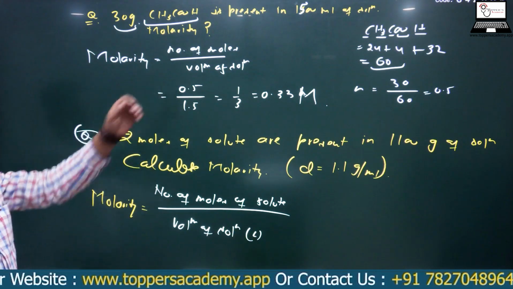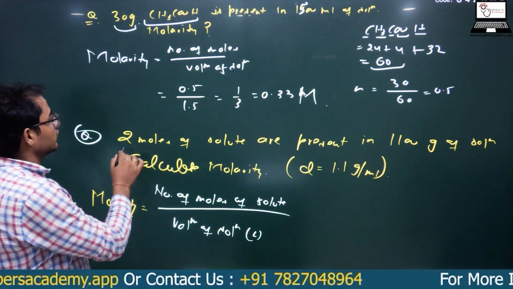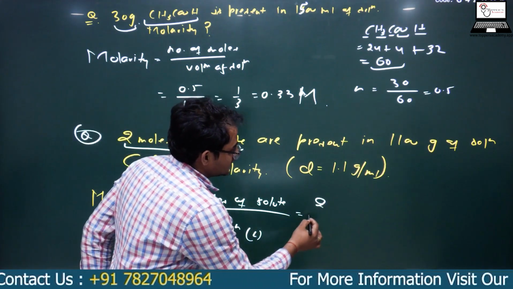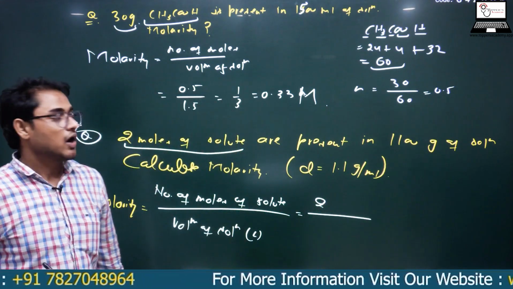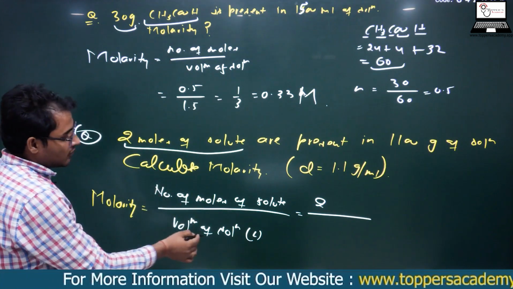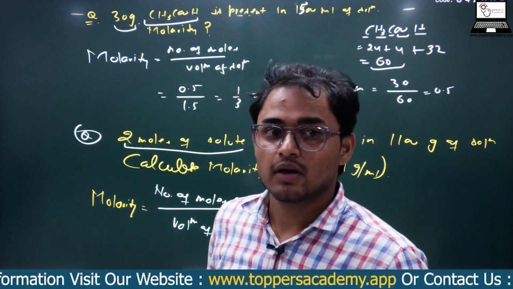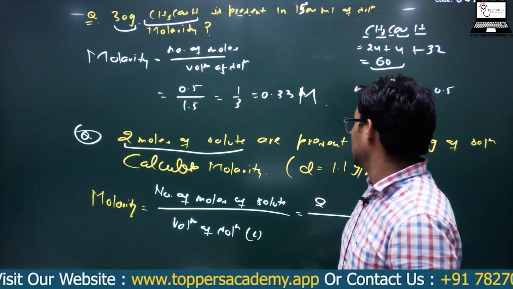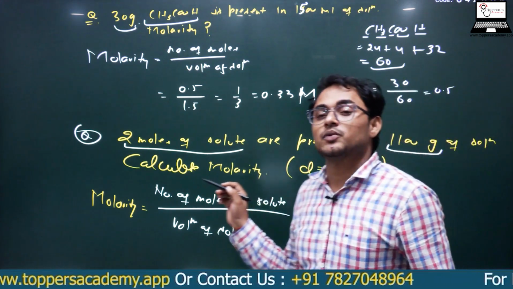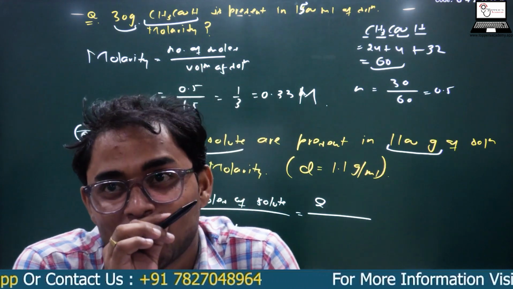Listen my dear students, number of moles of solute are required, and here 2 moles of solute are given, so I will replace this term by 2. Now I will require another thing, that is volume of solution in liter. Do I have volume of solution in liter? I do not. It is 1100 gram, so it is given in terms of grams, so obviously it is mass, it is not volume.